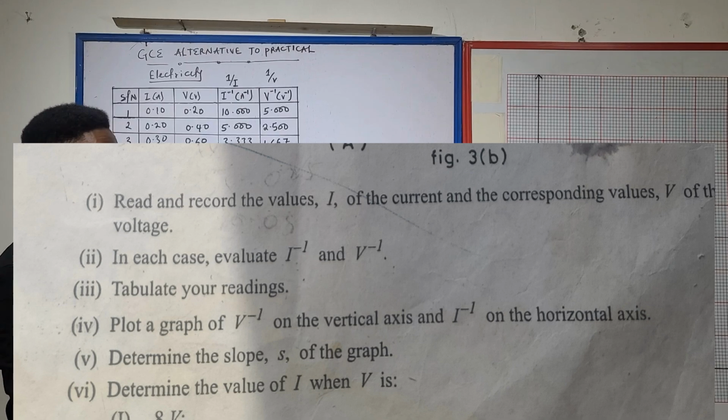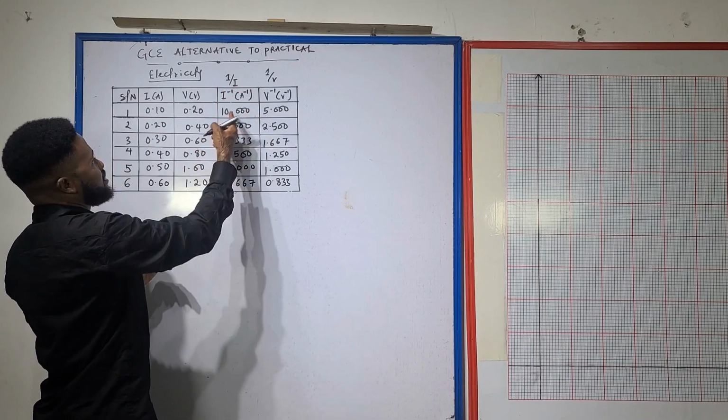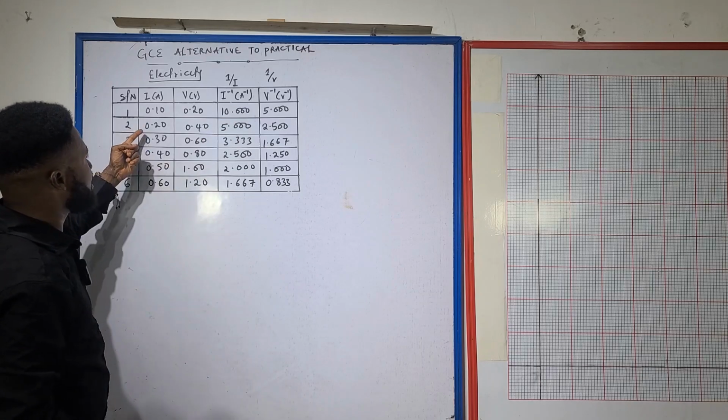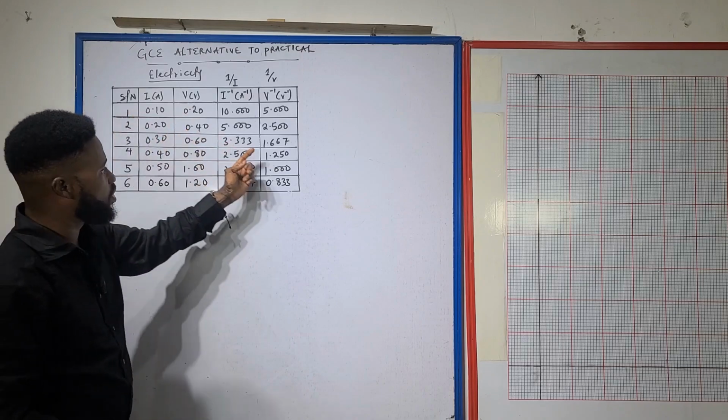That's per ampere. So if I deal with 1 divided by 0.10, 1 over I, the first reading is 10. 1 divided by 0.20, that's 5. 1 divided by 0.30, 3.333.